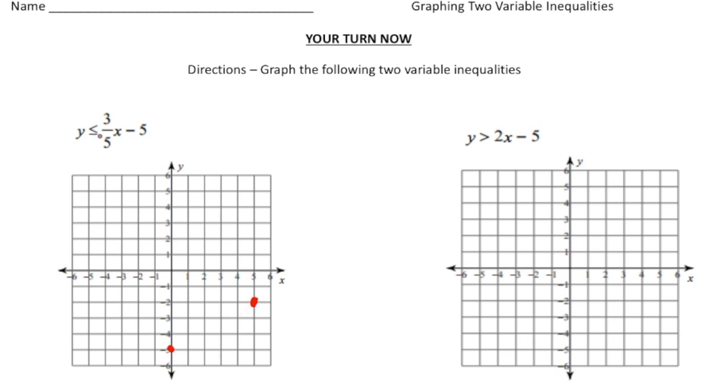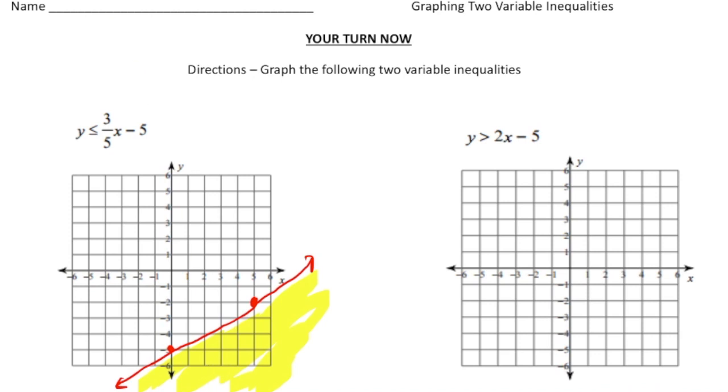Because it's less than or equal to, we know it's going to be a solid line, like this. Now y is less than or equal to, so we go to the y-intercept, and for it to be less than, I need to go underneath that. So this section right here will be the solutions to the inequality.